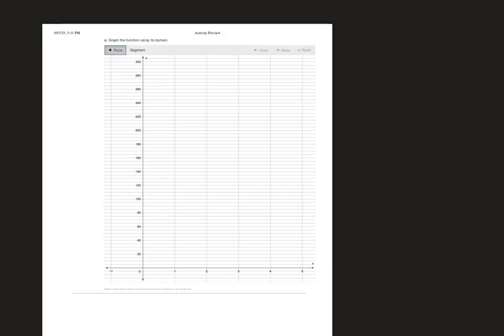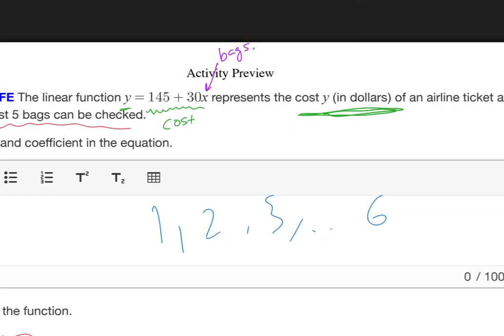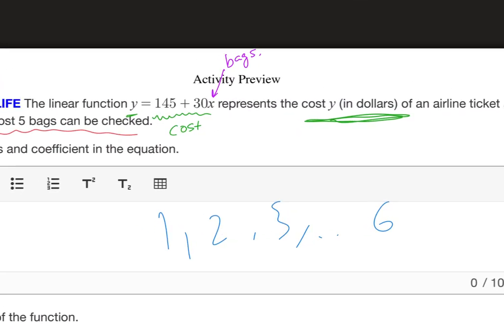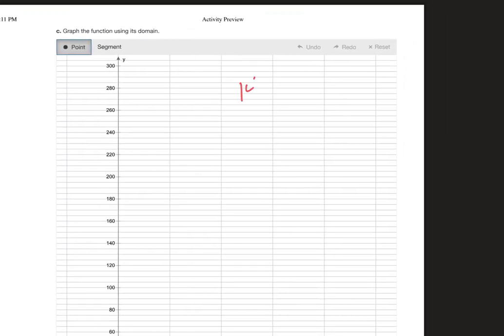Now they want us to graph this thing. In our class, we know that has a y-intercept of 145 and a slope of 30. So we know a little bit more than perhaps we should. Really what that means is, right here at 145 we've got a dot.